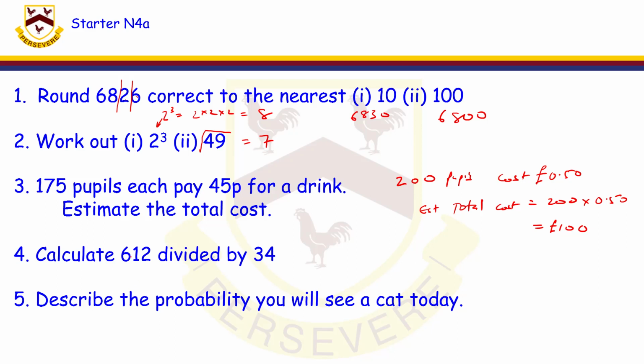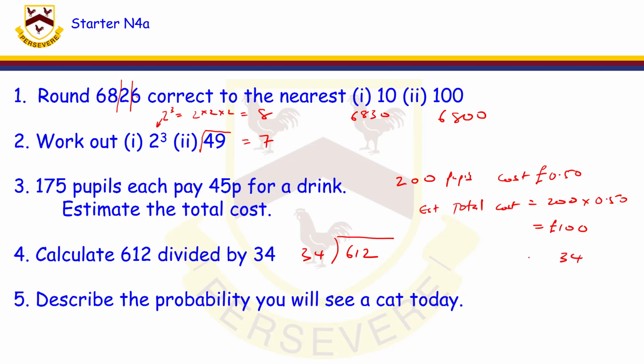Okay. Question number 4. 612 divided by 34. So I've got to use the bus stop method. I need my 34 times table, so let's write that here. 34.